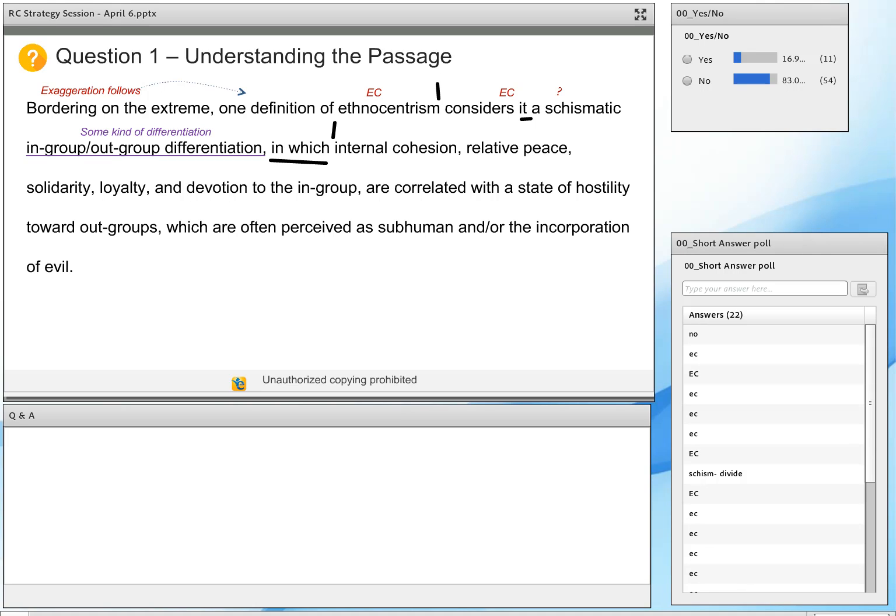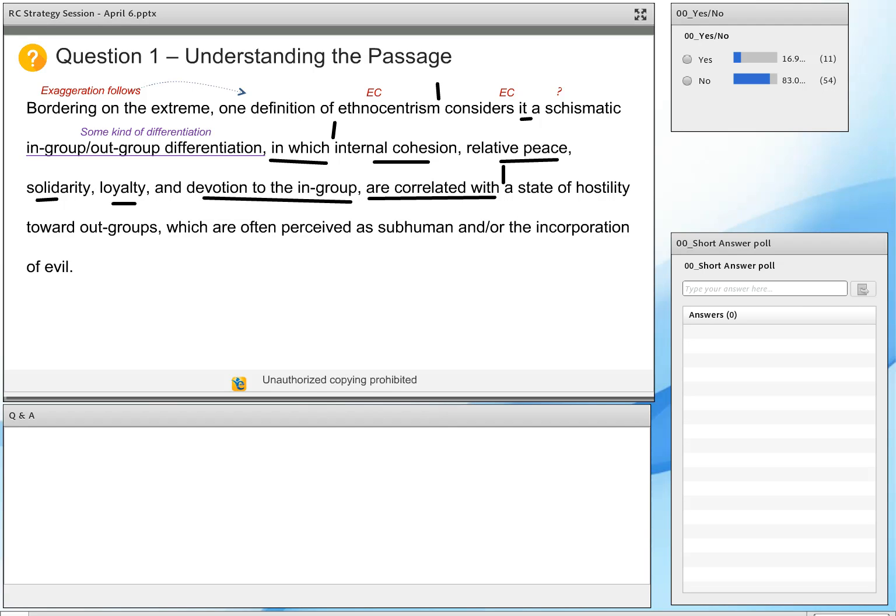In which internal cohesion, relative peace, solidarity, loyalty, and devotion to the in-group are correlated with. So I pause here again. Why? Because I first need to understand what each of these terms implies. Now these five terms, how can you summarize them in your own words?